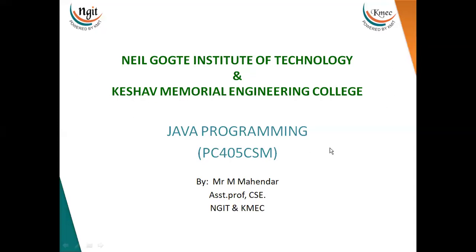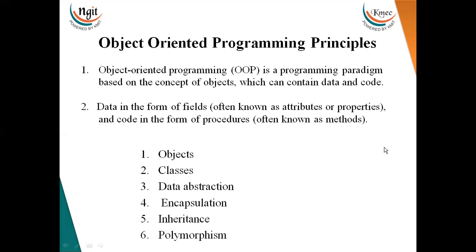Hello guys, today we are going to cover object-oriented programming principles and benefits of object-oriented programming, followed by applications of object-oriented programming. So this object-oriented programming is a programming paradigm. Paradigm means it's a pattern based on the concepts of objects.